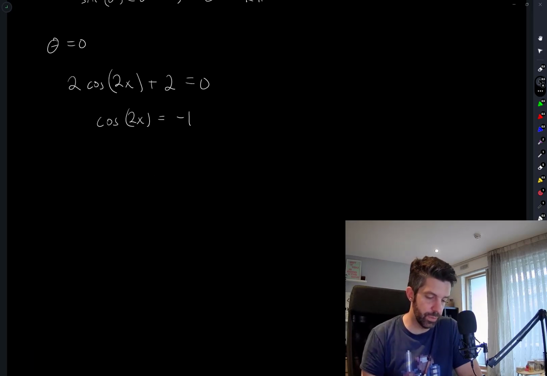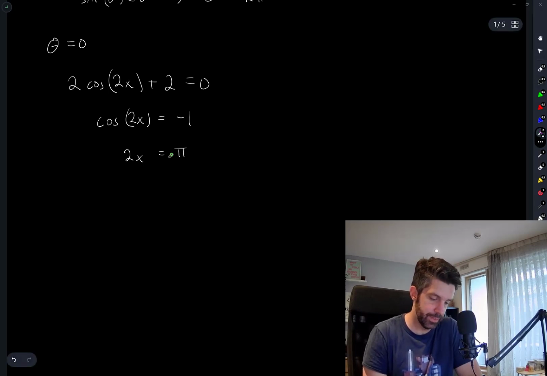So cosine of 2x is equal to negative 1. This means 2x is equal to pi, right? And this means x is equal to pi over 2.